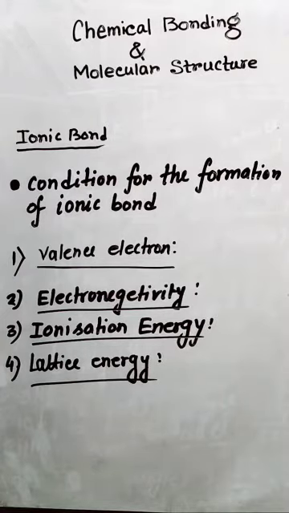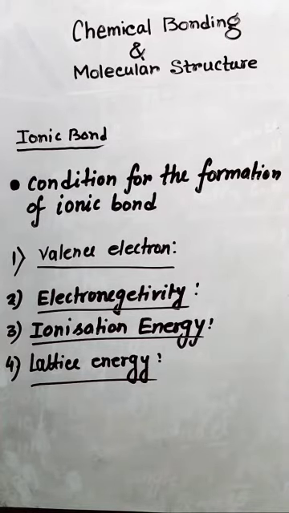Metals require 1, 2 or 3 valence electrons, that is group 1, group 2 and group 3. In group 1, all metals have 1 valence electron in their valence shell. Group 2 has 2 valence electrons in the valence shell, and group 3, that is aluminium, has 3 electrons in the valence shell.